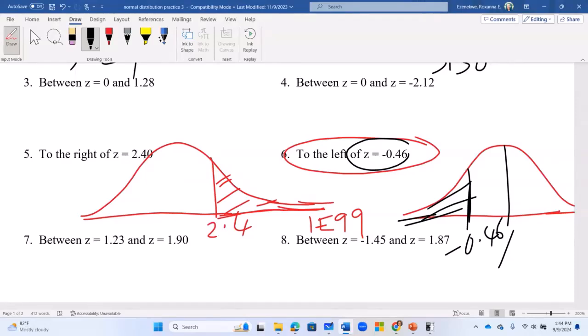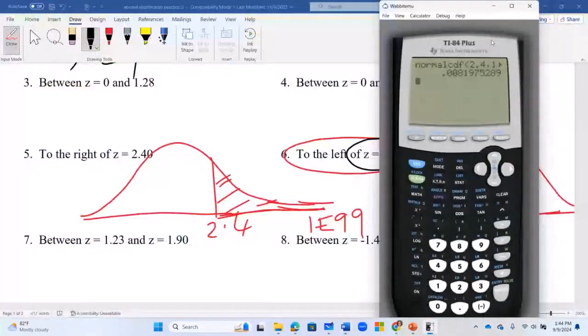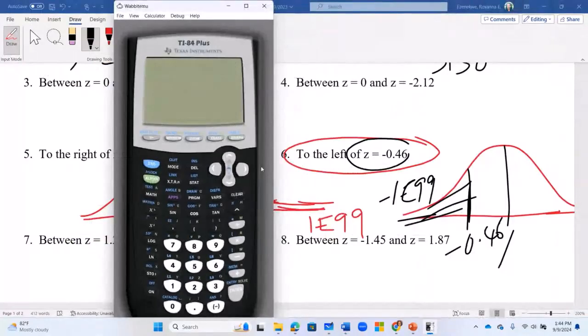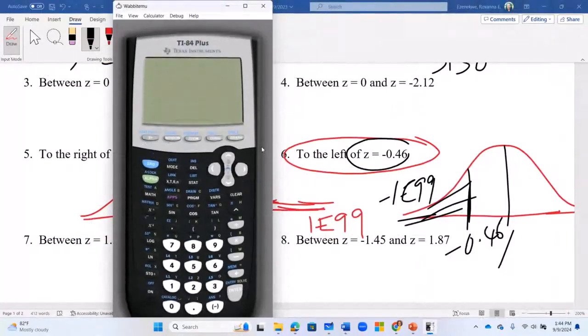Negative infinity is written as negative 1 e to the power 99. So I'm ready to calculate the area to the left of negative 0.46. I pull my calculator up. Remember that the tests in this class test your speed and accuracy.